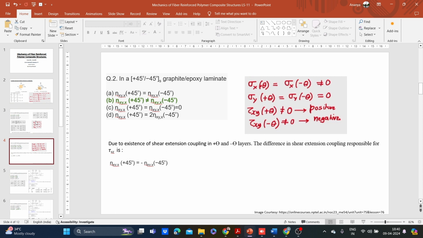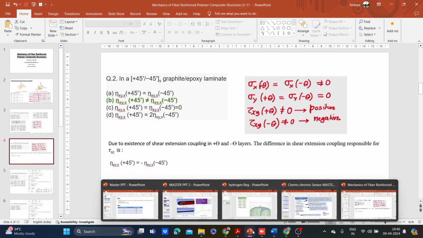Plus 45 will move in a direction which is opposite to minus 45. Did you understand? If you see, the fibers are crisscross to each other. So when there is some shear force acting on it, the plus 45 will move in such a way that minus 45 will be the negative of that.